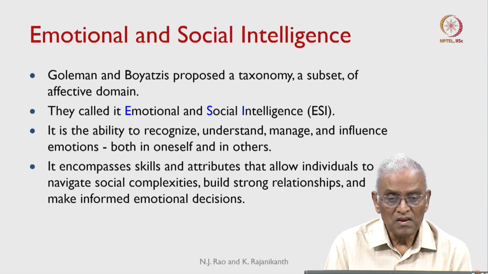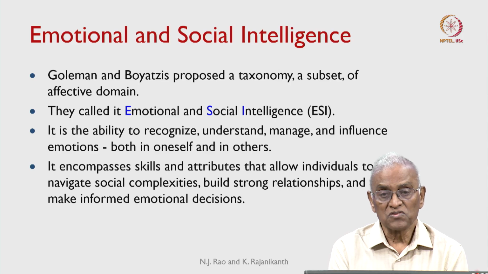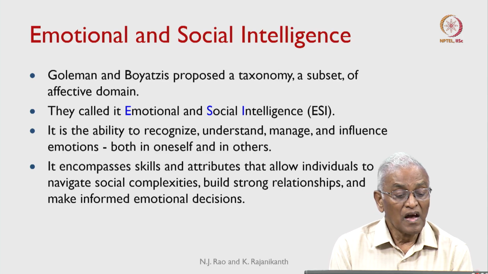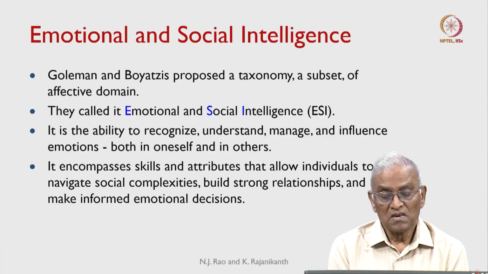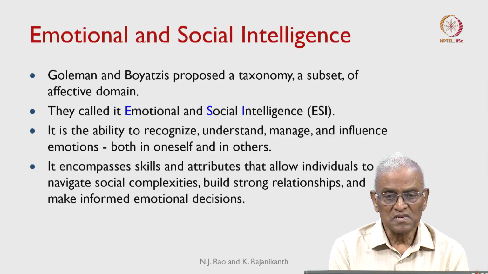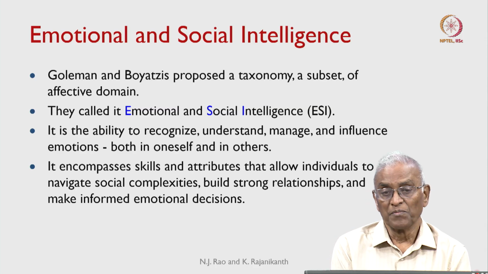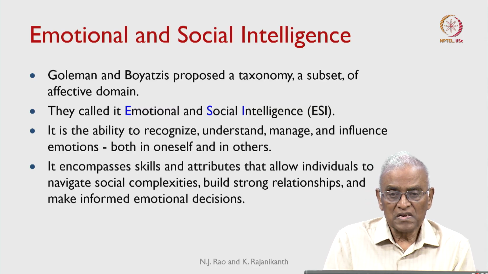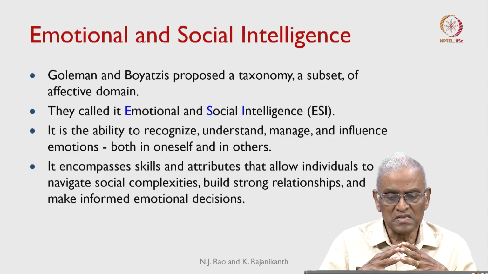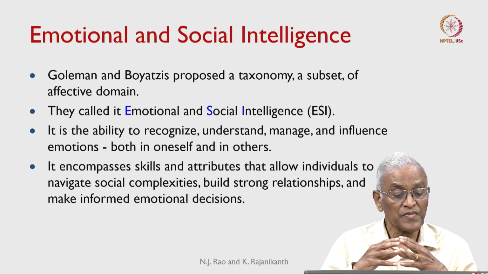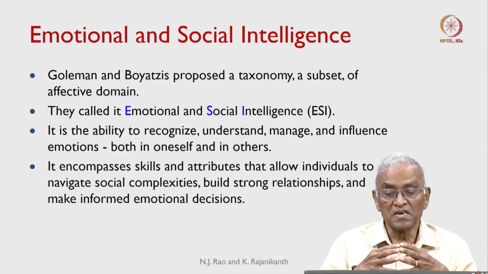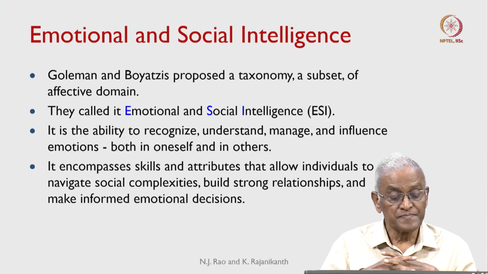And this is where we bring in the emotional and social intelligence. Goleman and Boyatzis, two well-known researchers in this area, proposed a taxonomy, a subset of affective domain. It does not 100% address all the affective factors, but at least it addresses a major subset of affective factors. They called it emotional and social intelligence, ESI.